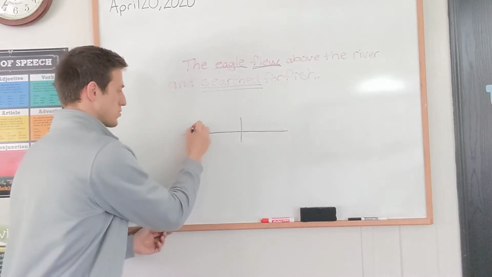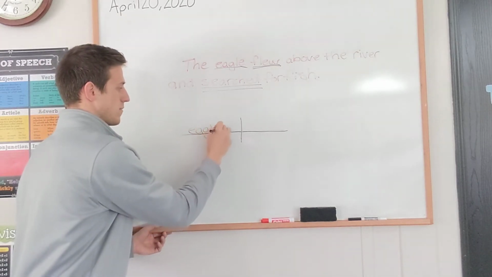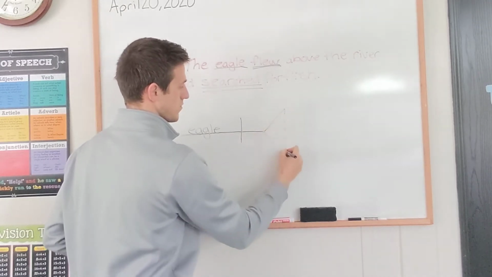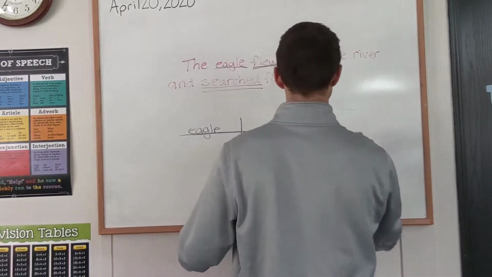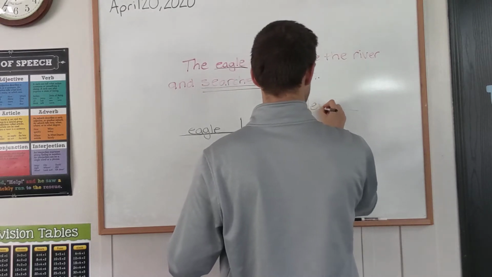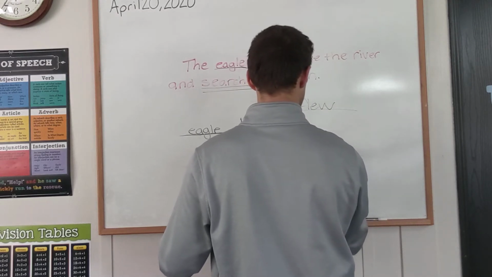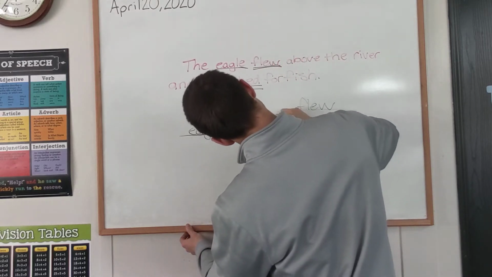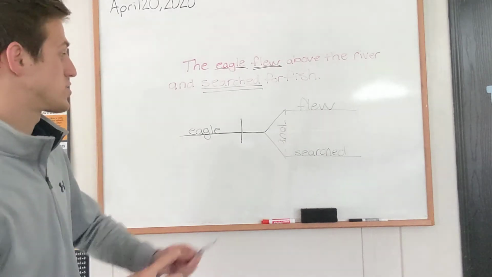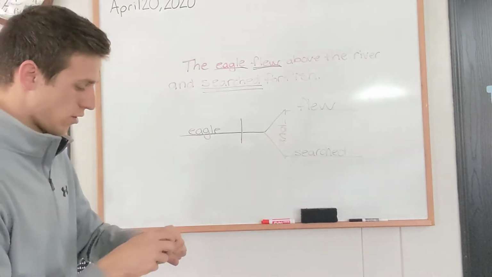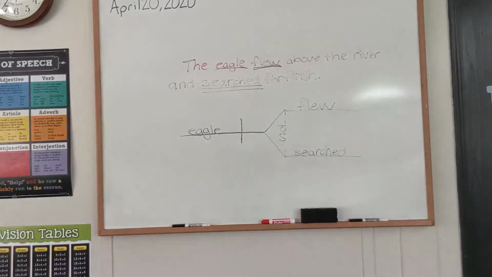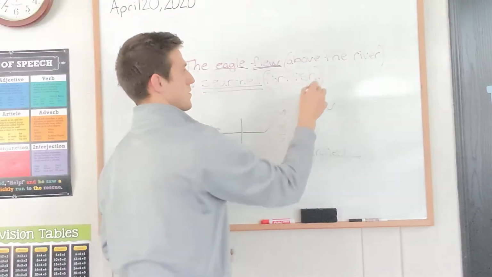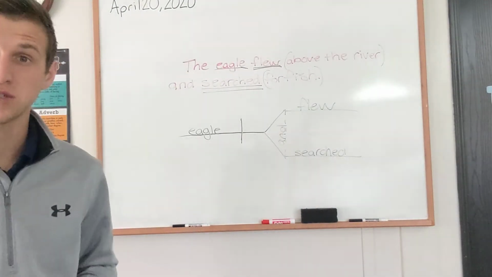So remember our subject goes right here, our eagle. And then what did he do? So we have our compound verb. All right, so he flew and he searched. Now, what are these right here? Remember what those are? Those are prepositional phrases, right?